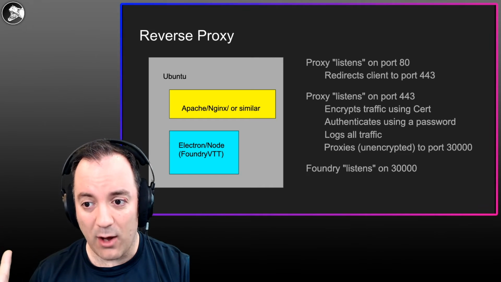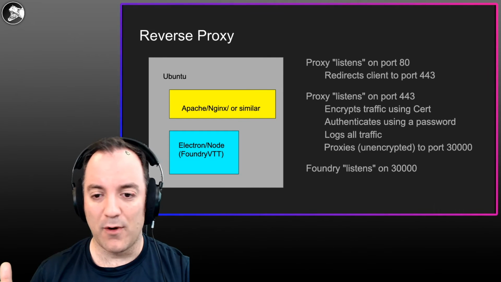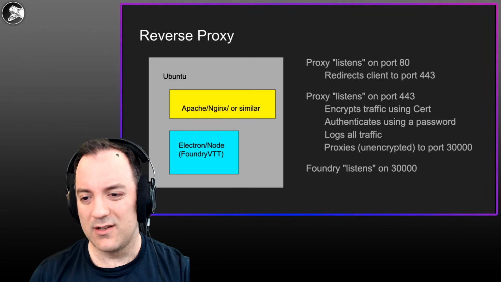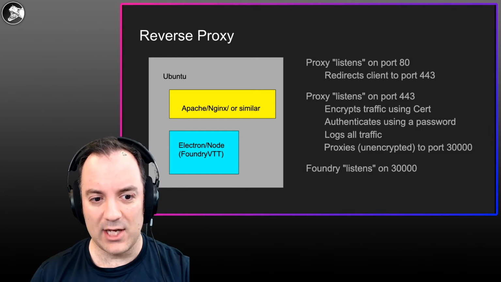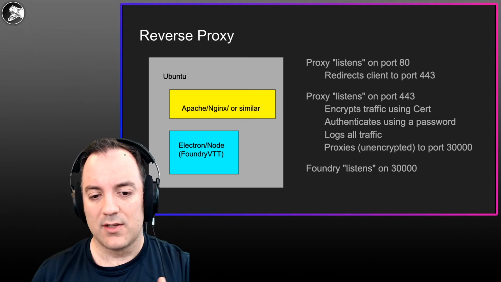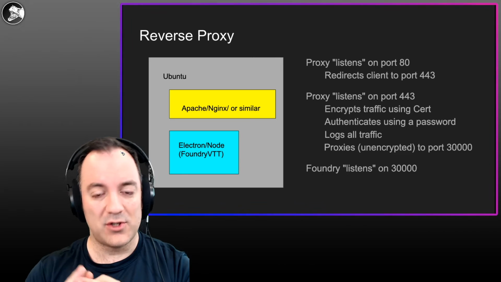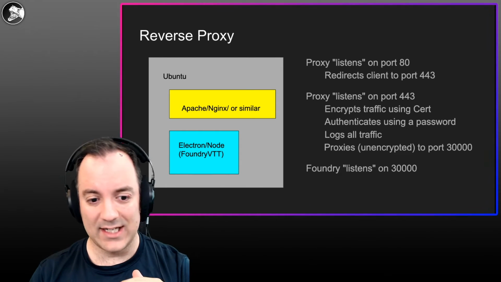There's nothing I know of now that I don't like, but if something's discovered later, at least they had to get through Apache first with both encryption and an authentication password, using something like basic digest authentication on this HTTP reverse proxy. So if you have an authentication and you have encryption, those two things are required to make something more secure. Just one or just the other isn't enough.